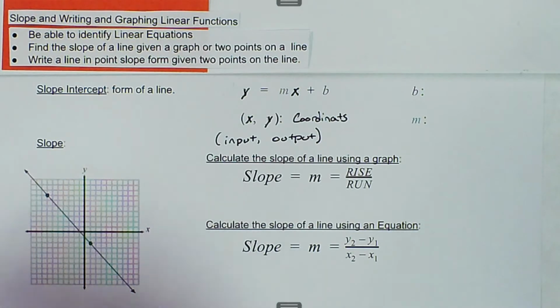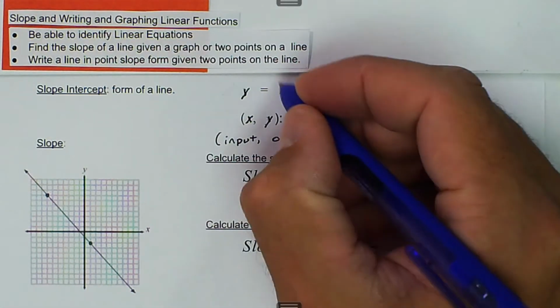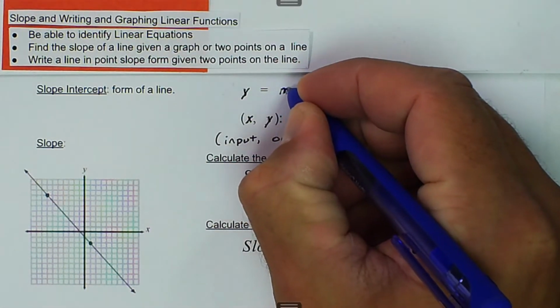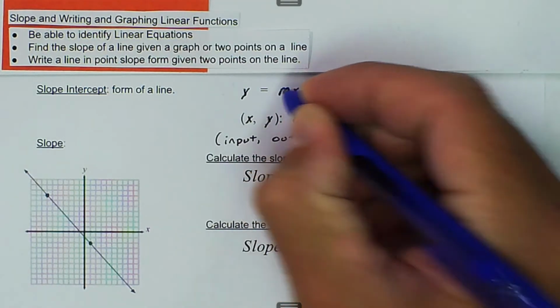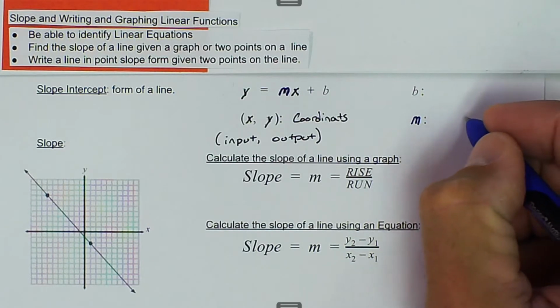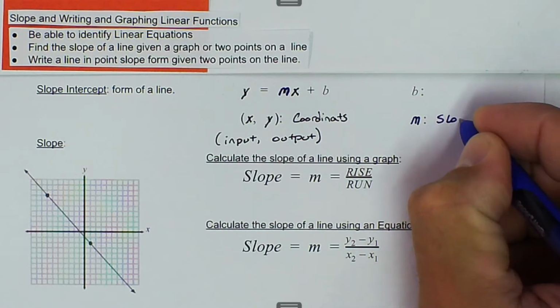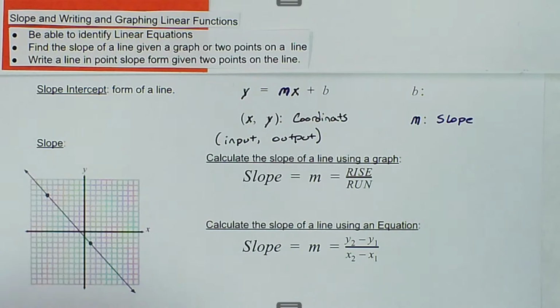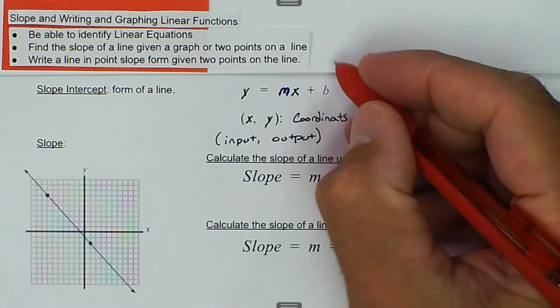We also have the slope, which is m, and then we have the y-intercept, which is b.